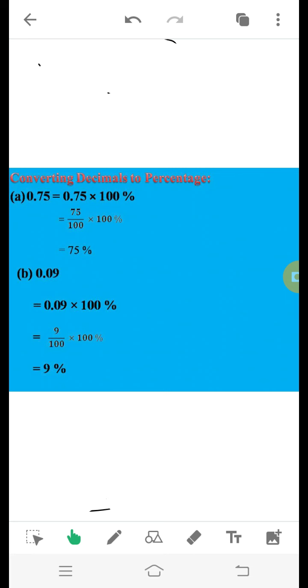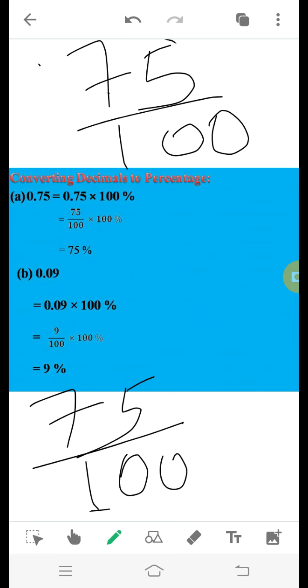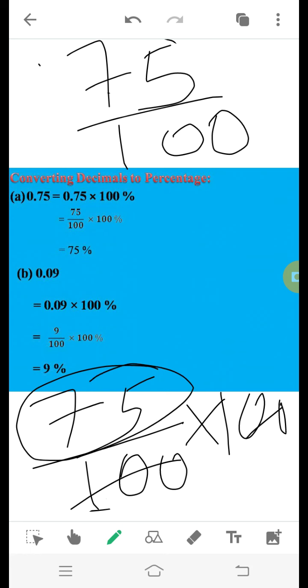So first we have to convert this 0.75 into the simple form. 0.75 means we can write 75. After the point there are two numbers. So 100 below. So it's 75 by 100. After that we have to multiply this number by 100. So 75 by 100 multiplied by 100. 100 cancels. Your answer is 75. So it's 75 percent.